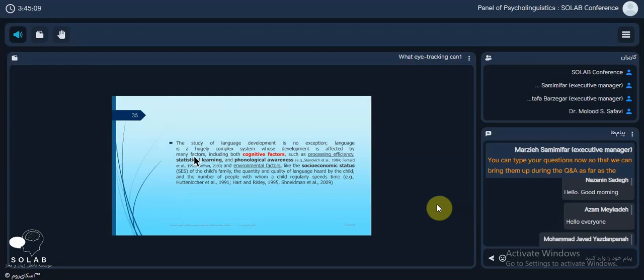Language is a hugely complex system whose development is affected by many factors, including both cognitive factors such as processing efficiency, statistical learning, phonological awareness, and environmental factors like the socio-economic status of the child's family, the quantity and quality of language heard by the child, and the number of people with whom a child regularly spends time.